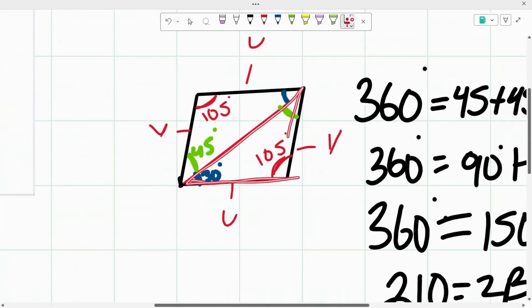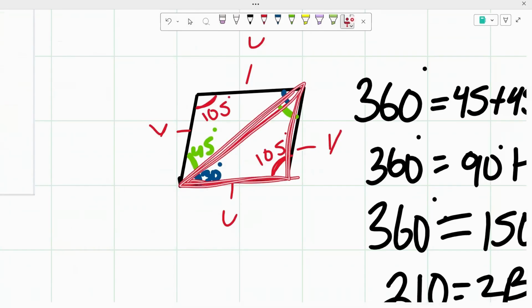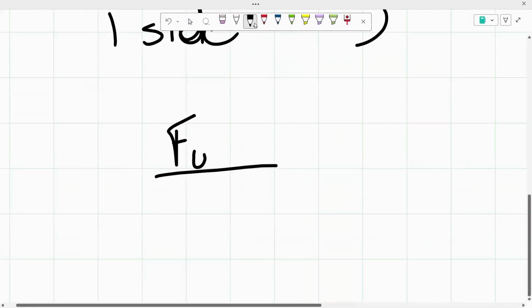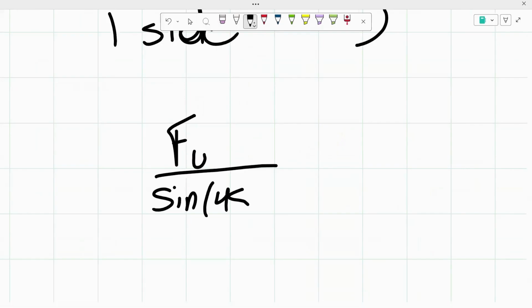We're going to look at this triangle right here. We're going to work with this side of the parallelogram. So our u is right here. The opposite angle to this side is the 45-degree angle. So we have F of u over sine of 45 degrees.